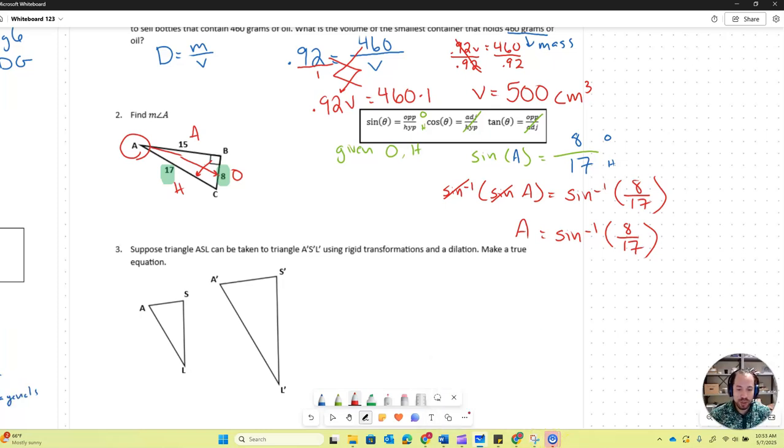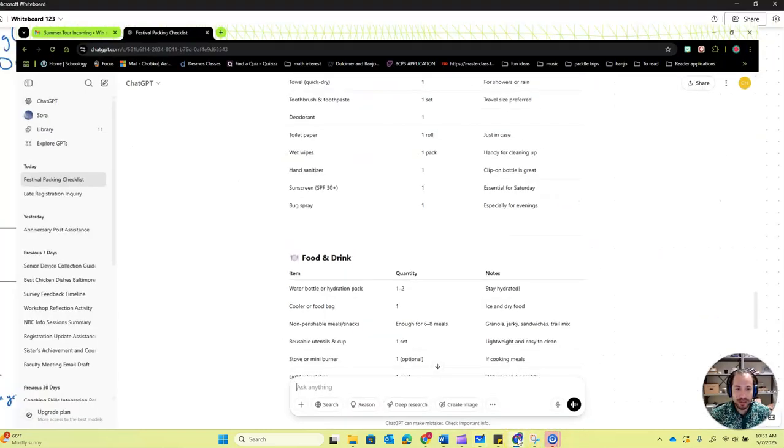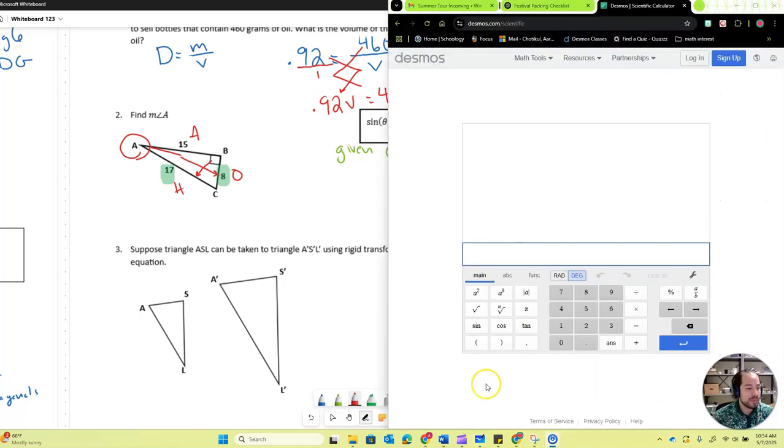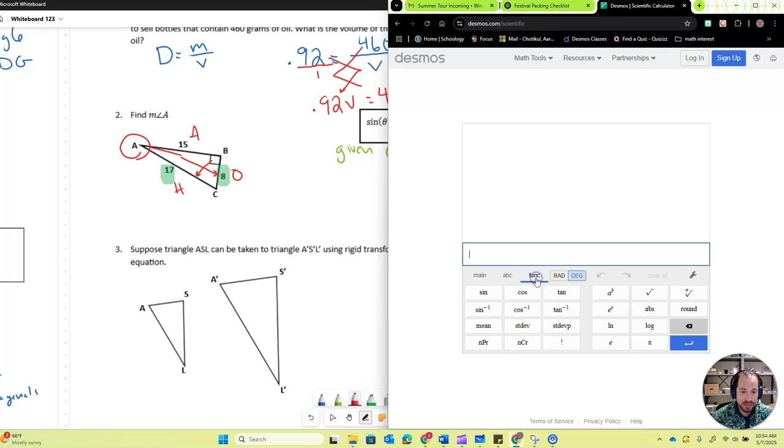I am going to pull up a Desmos calculator on another tab and do those calculations. So here's our Desmos scientific calculator. Make sure we're in degree mode. I know we've been using radians recently, but for this problem, we're going to be using degrees. So I select degrees. Now, I see sine, cosine, and tangent, but I don't want those. I want sine inverse. So I need to go to function, and notice here, sine inverse.